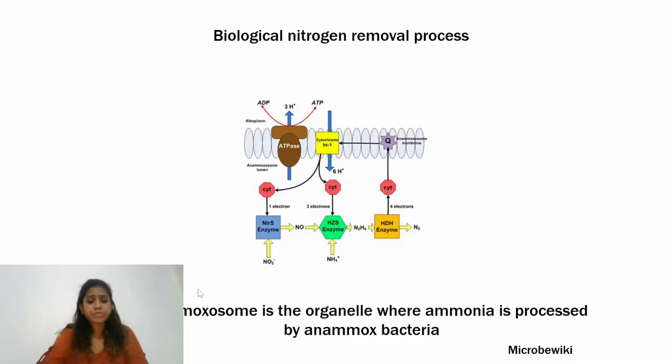So this is how the conversion of ammonia to nitrogen happens inside the cell of the microorganism. This region where the ammonia conversion happens is called the anammoxosome. The anammoxosome is an organelle where ammonia is processed by anammox bacteria.